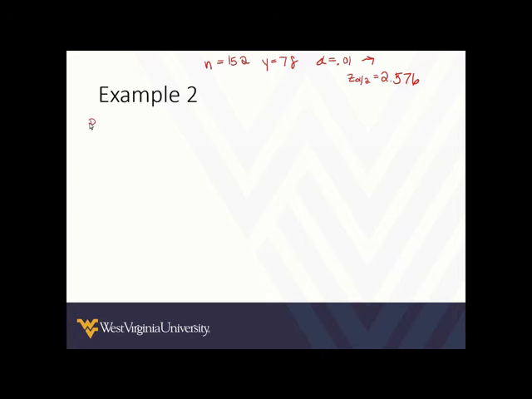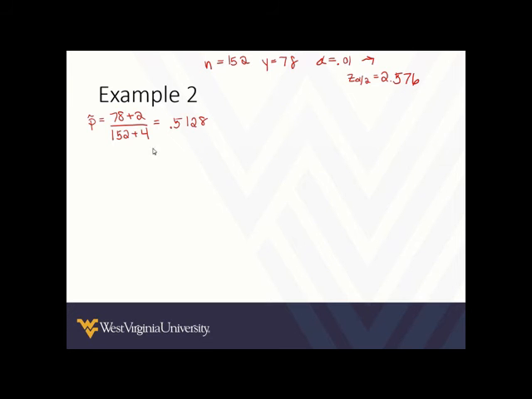We can now go ahead and calculate our P tilde, and so this would be 78 plus 2 over 152 plus 4. And this would be 0.5128.